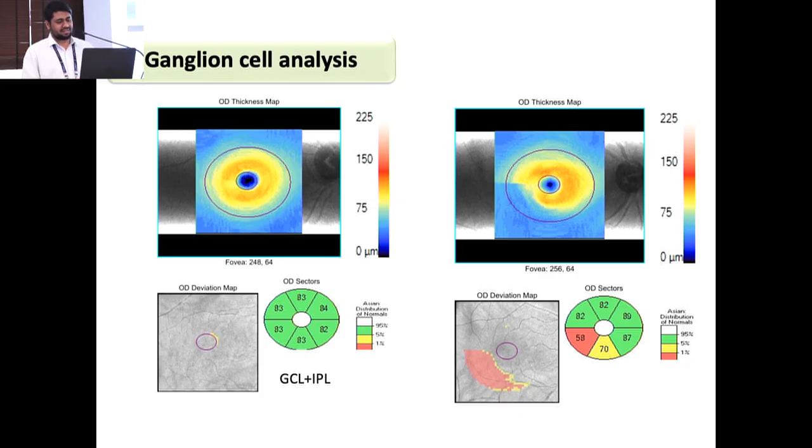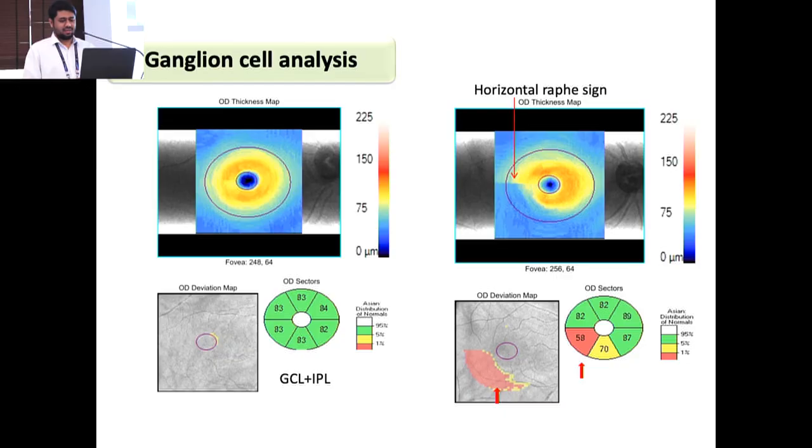And the next thing is ganglion cell analysis. That is also different. Some will analyze the ganglion cell with the inner plexiform layer. Some will analyze the ganglion cell inner plexiform layer and the retinal nerve fiber layer. And some, especially Spectralis, will analyze just the ganglion cell layer. It varies with the machine. We cannot compare one machine with another. You can see the first one is normal, green, and you can see an inferior defect.